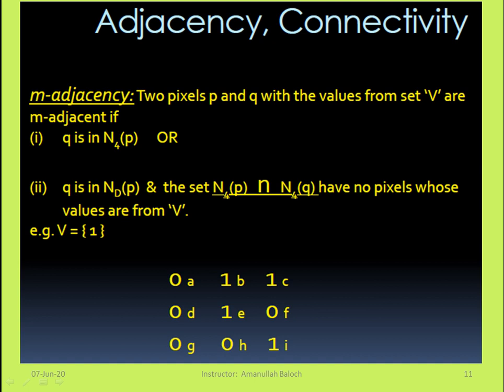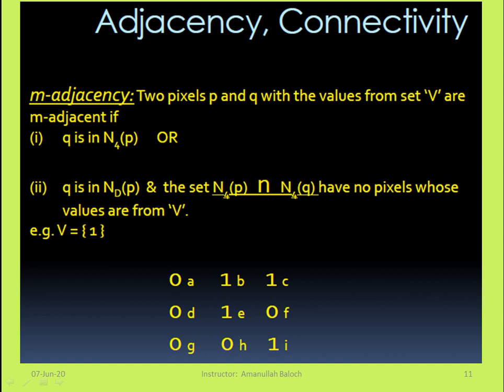If Q is in N4 of P and the value of Q belongs to set V, then it will be M adjacent. If the first condition is satisfied, there is no need to satisfy the second condition. If the first condition does not satisfy, then we will see the second condition for M adjacency.